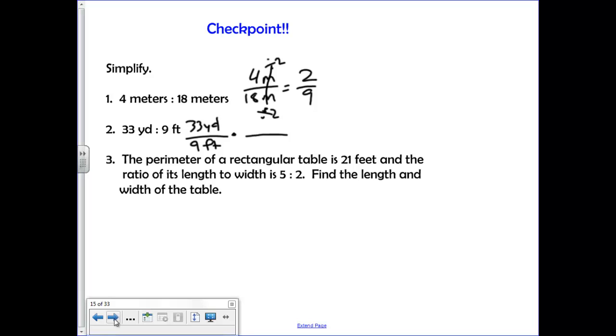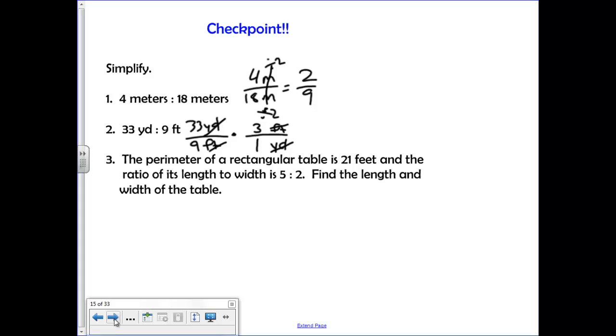So check this out. If yards are in the top, where do yards need to go over here? In the bottom. Feet are in the bottom, feet go in the top. So I say what? 1 yard is the same as 3 feet. Yards and yards, top and bottom cancel. Feet and feet, top and bottom cancel.